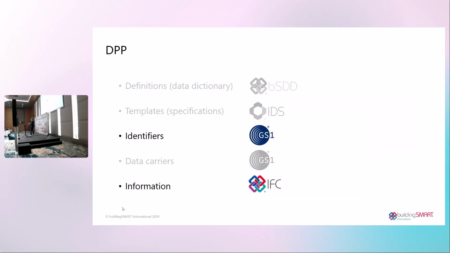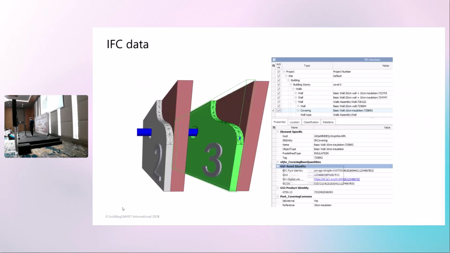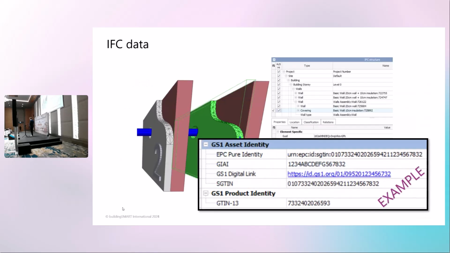Okay, next pair are identifiers and the actual IFC data. I have here an example IFC model with identifiers from GS1 placed inside. So you can see that in this IFC model, when I click on one of the objects, in this case an insulation, I can read the GIAI code.